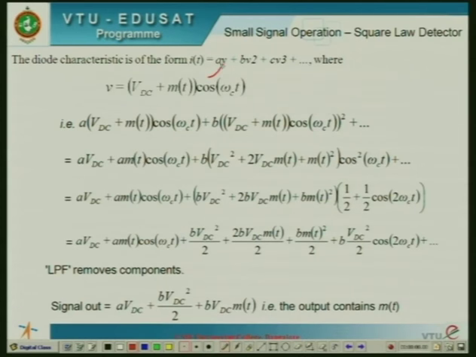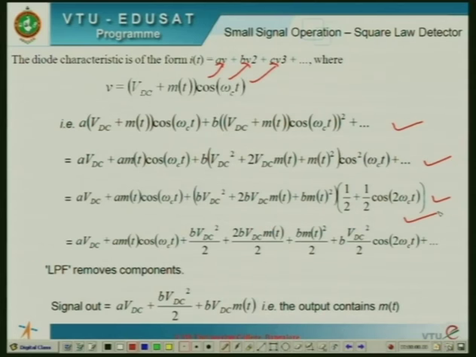Substituting this for V in the V² and V³ terms, we get an expression which, on solving, is A V_DC + A m(t) cos(ωct) + B (V_DC² + 2 V_DC m(t) + m(t)²) cos²(ωct), and so on. Further, by simplifying all these three terms, we come to the final expression.